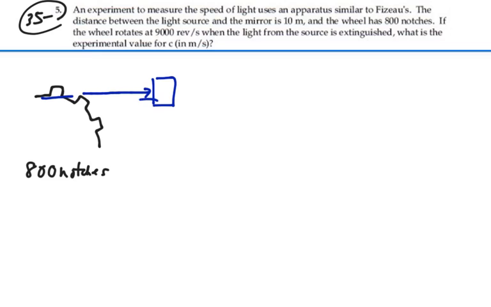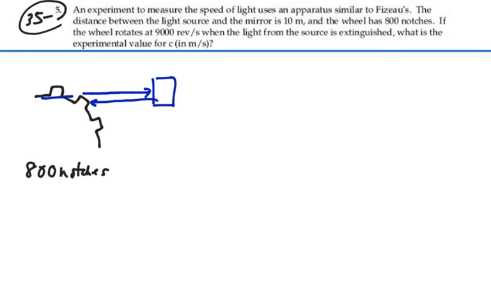Okay, let's take a look at this experiment. We've got a wheel with a bunch of notches, 800 of them to be exact, all the way around. And light is going through the space between the notches, reflecting off a mirror and then coming back.